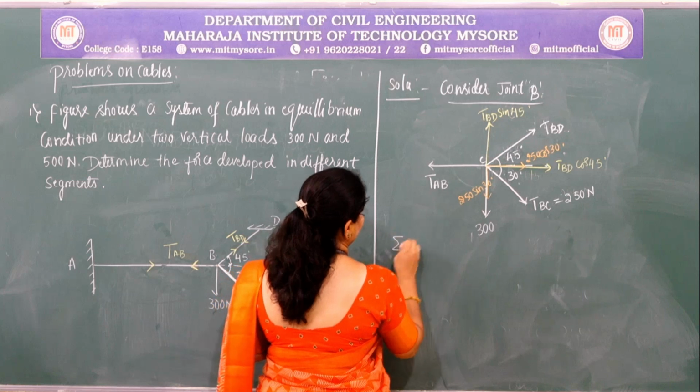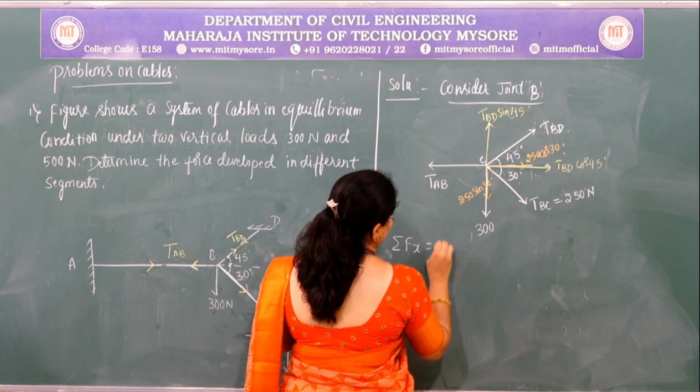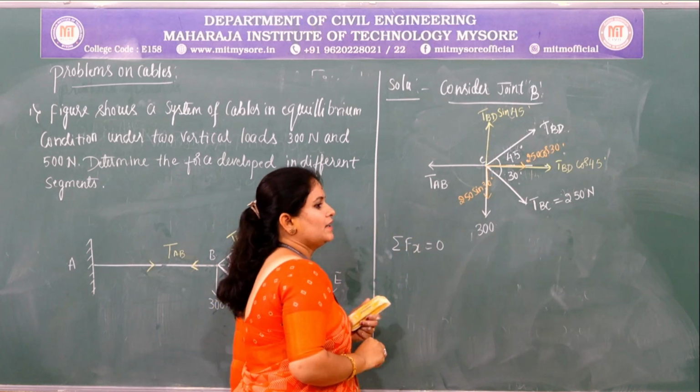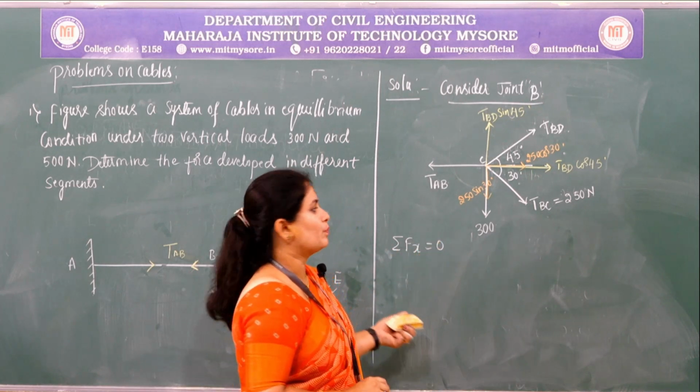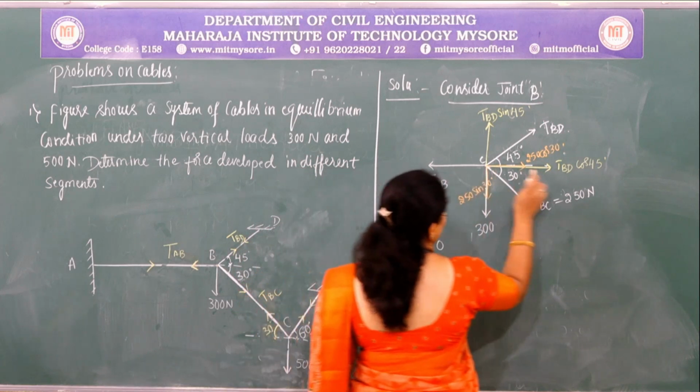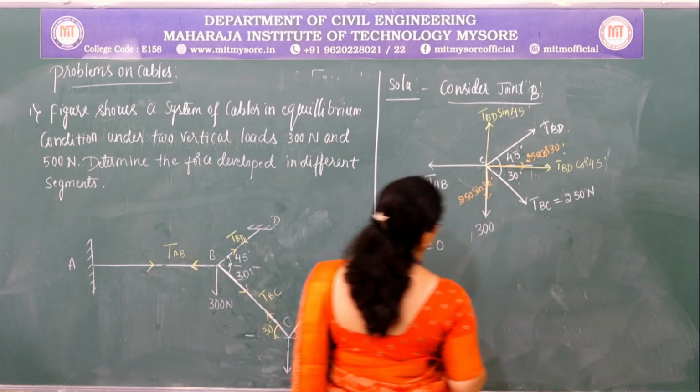So now we can apply the equilibrium condition at joint B. First equilibrium condition is sigma Fx equal to 0, which means the algebraic sum of all the x components. So consider all the forces on the positive and negative x-axis.